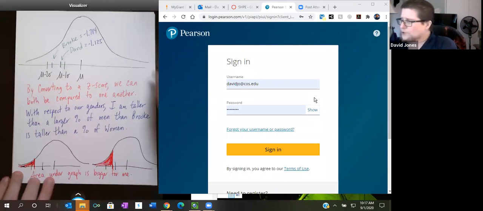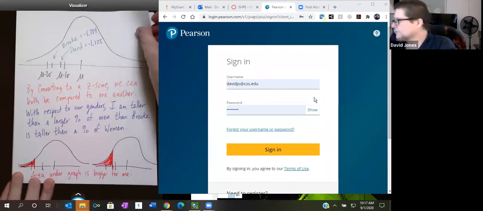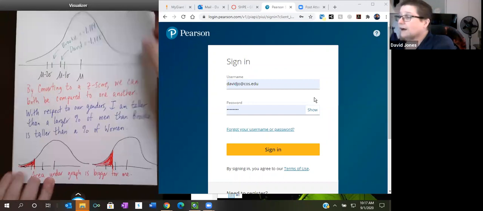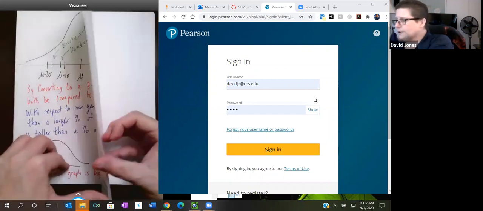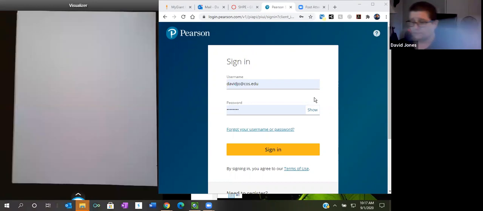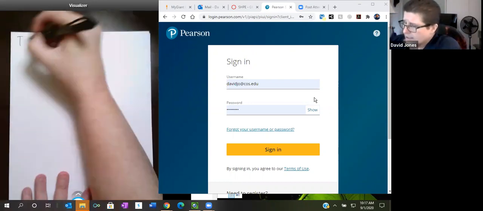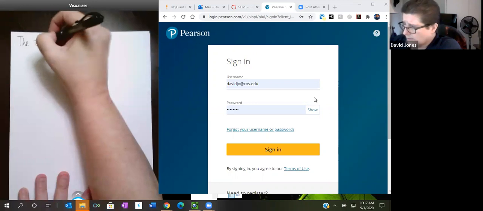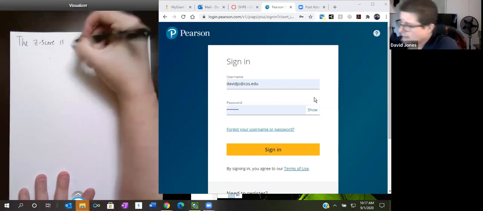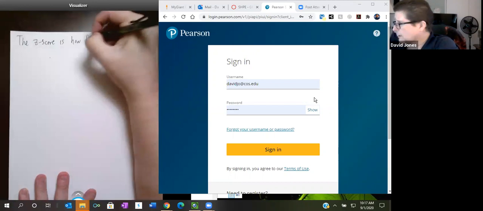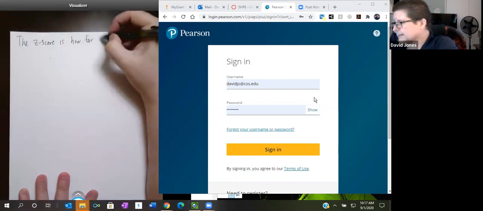The z-score is how far left or right you are from the center of your graph. The z-score is how far left or right from the center, or mean.